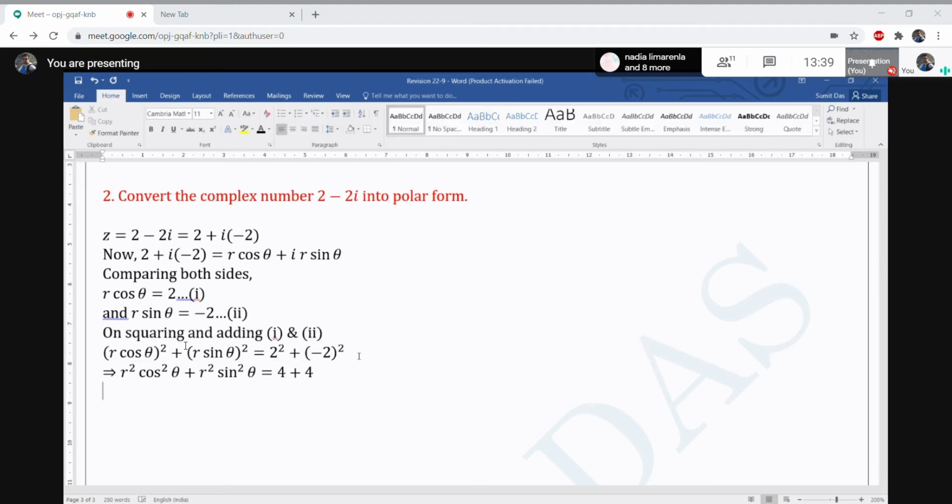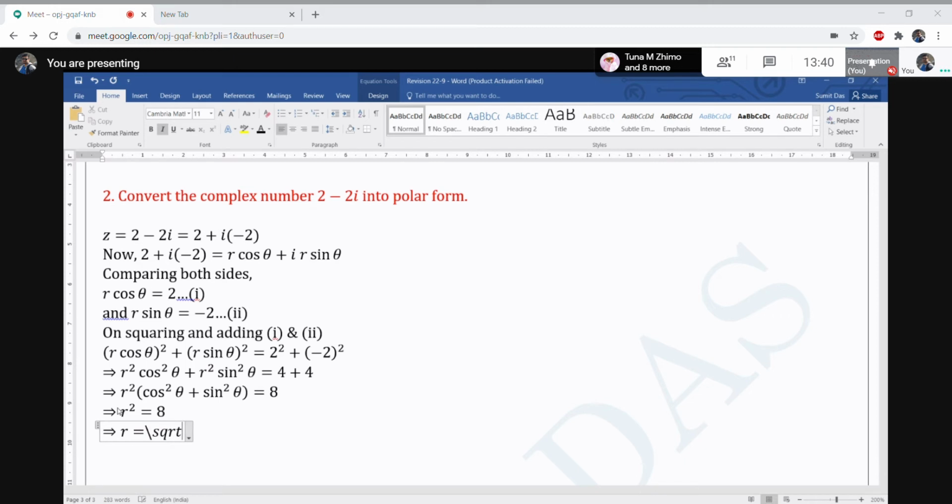Then if you take r square common, I hope this is already known, inside we'll get cos square plus sine square, and on the right hand side you will get 8. Cos square plus sine square will be 1, so r square is equal to 8.